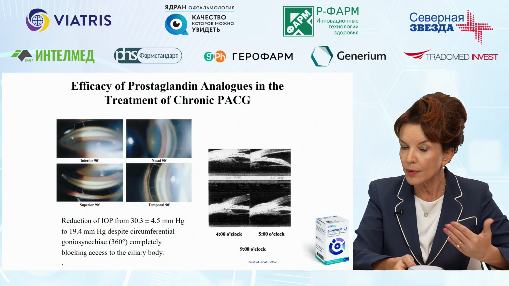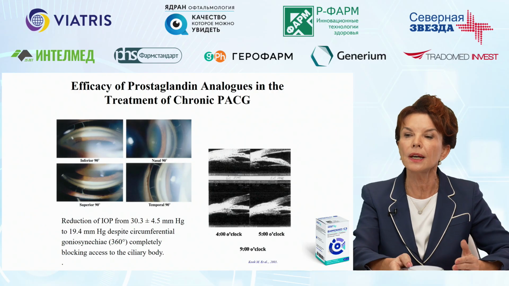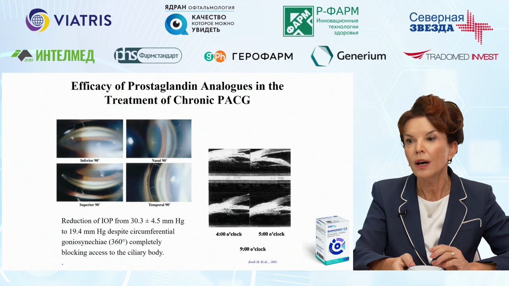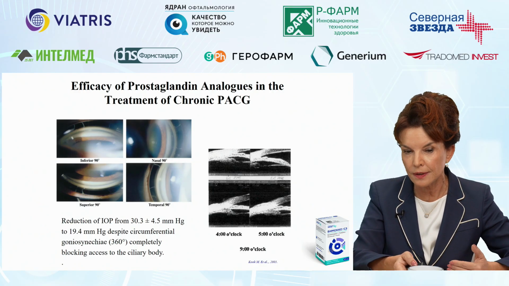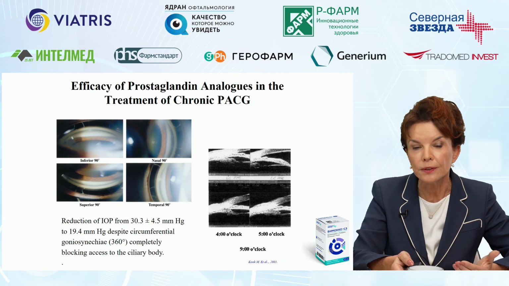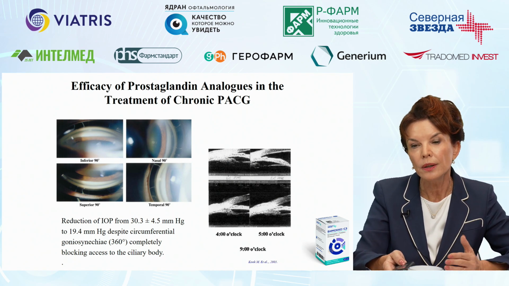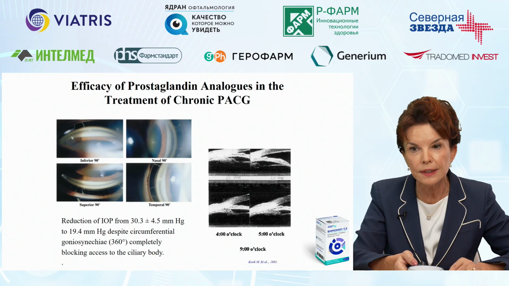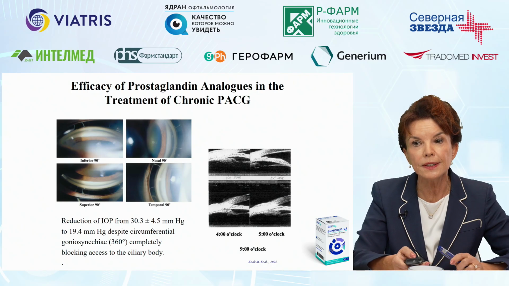But if the contact remains, what drugs can we recommend? It was shown that prostaglandin analogs are the most effective, especially such as latanoprost, and especially fixed combination with timolol, such as Gimoca.